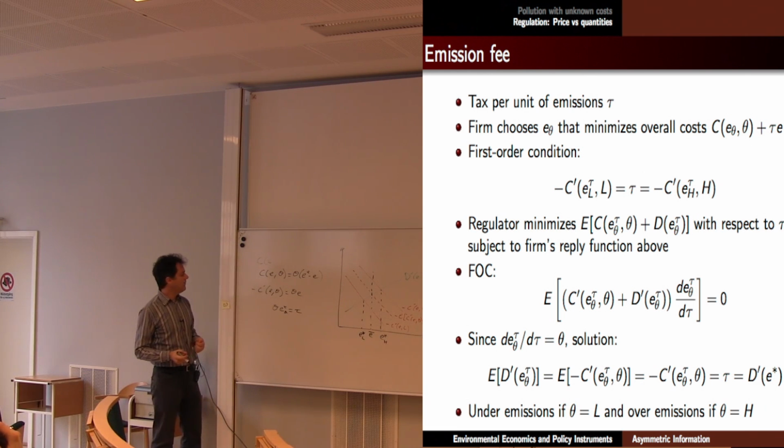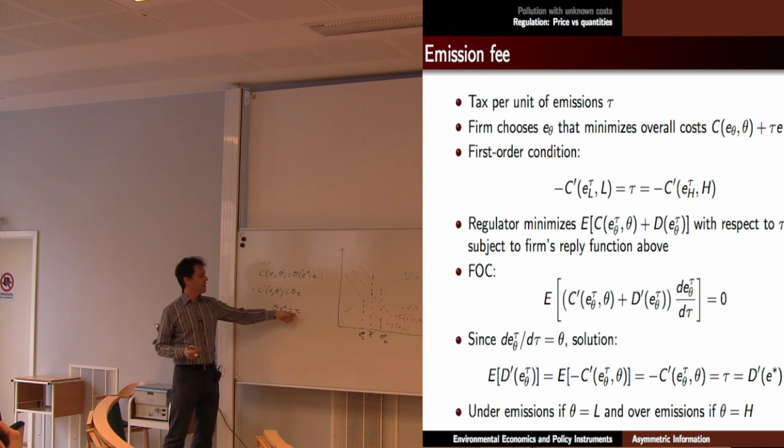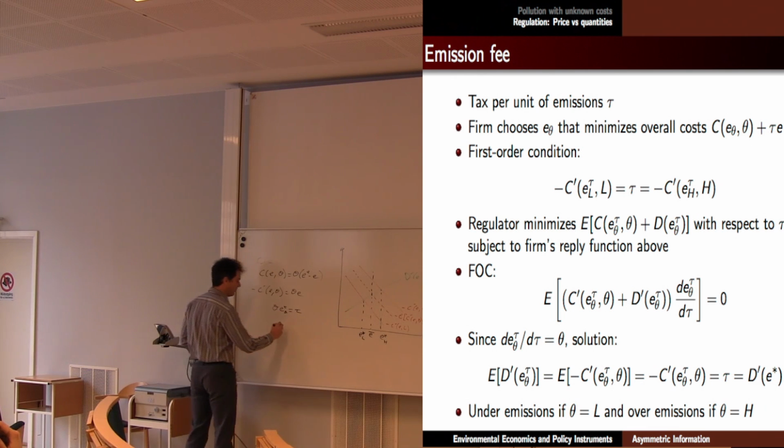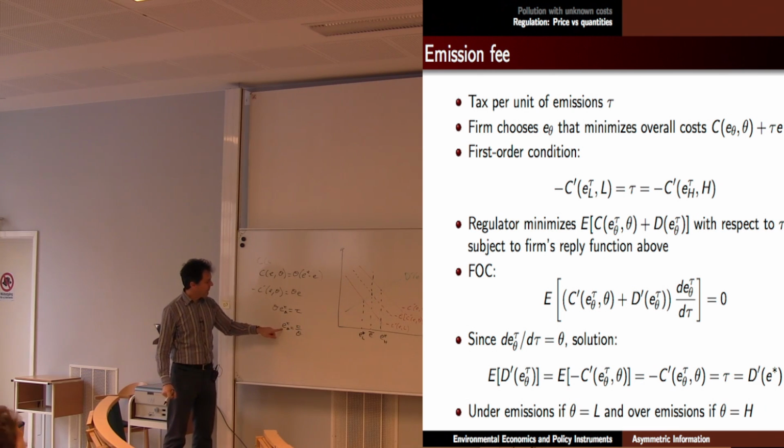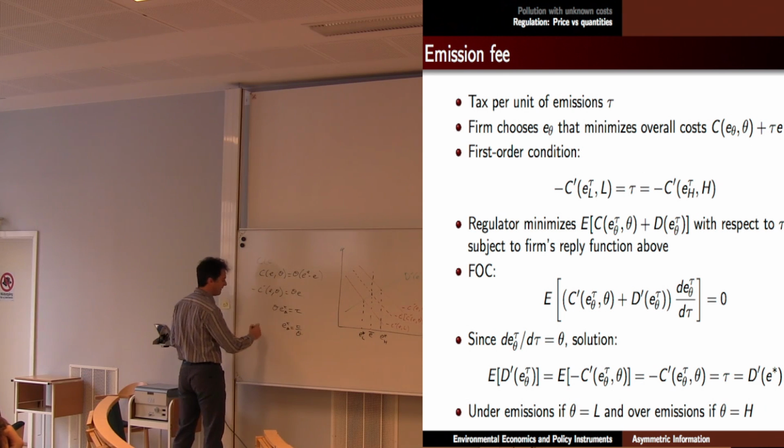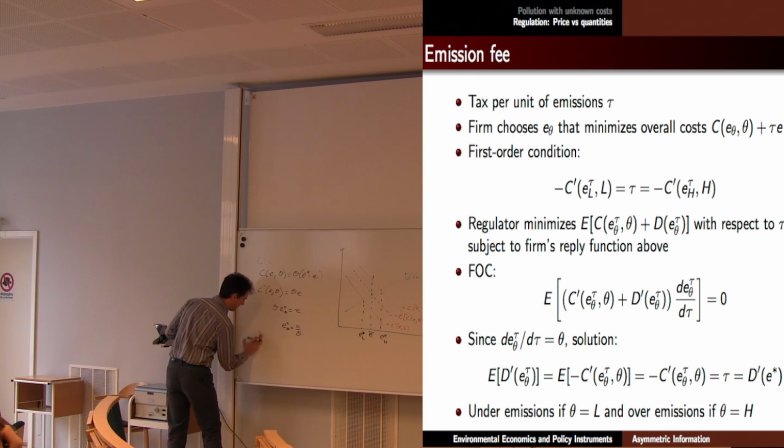You want to know how emission will change. So another way to write it down is that way. You want to know how emission will change when you move the tax rate. Therefore, you take the full derivative, and therefore you get t of theta.